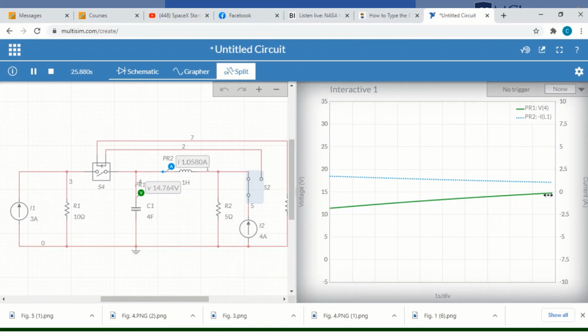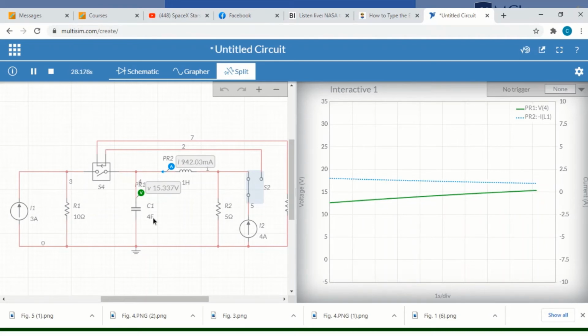Okay, the change is a bit slow because the capacitor has a very high capacitance. So 4 farad is a very high capacitance.